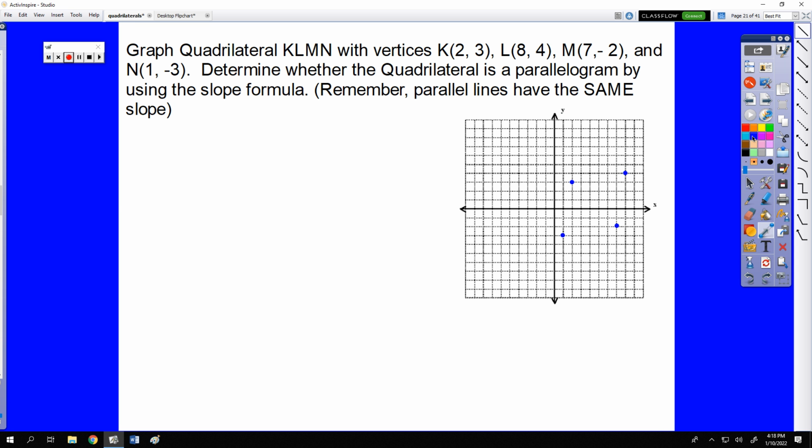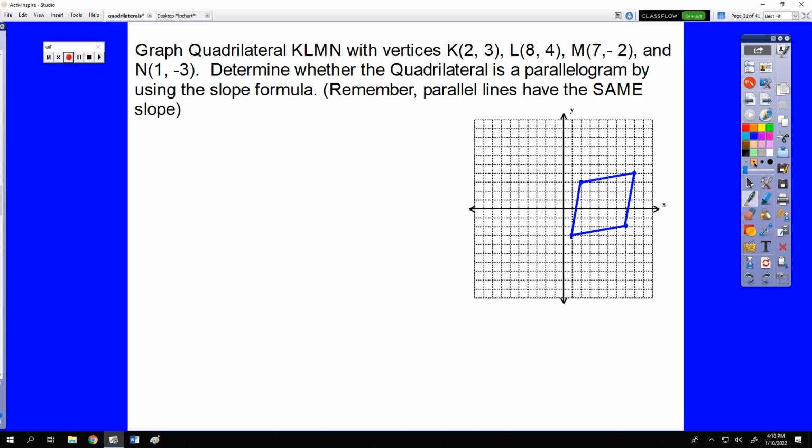So we graph those points and we connect them with a straight edge to generate a picture of the quadrilateral. So here's the quadrilateral. That again is K, L, M, and N. And yeah, it looks like a parallelogram, but unfortunately for you, that is not enough information for you to guarantee that it's a parallelogram.